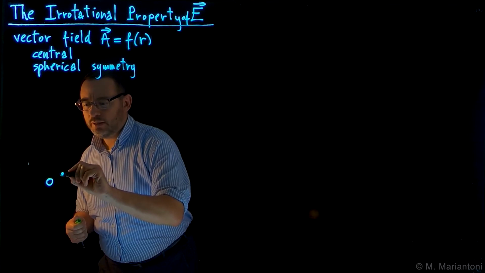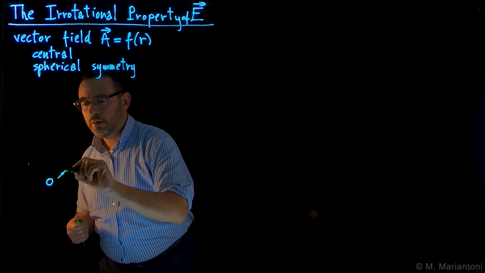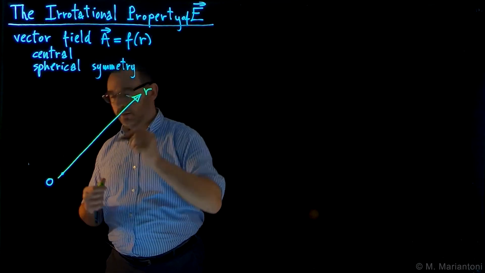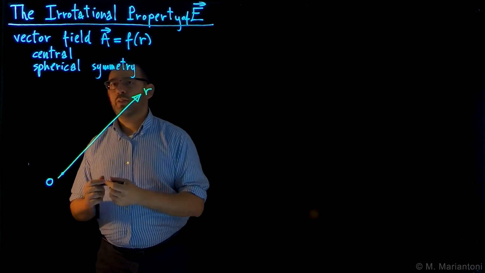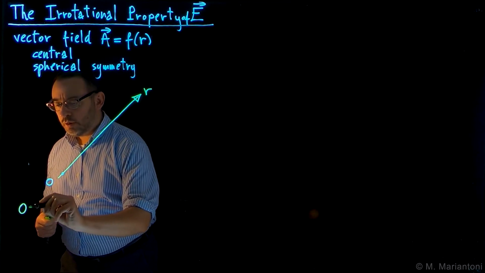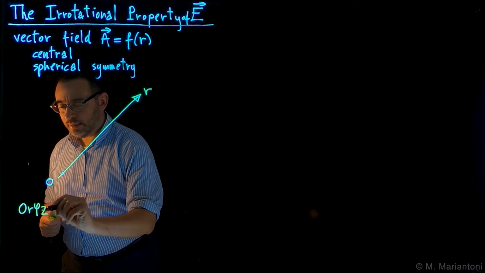So in a spherical coordinate system, let's say this one is r, the radial axis. So in general, we would have O, r, phi, z.